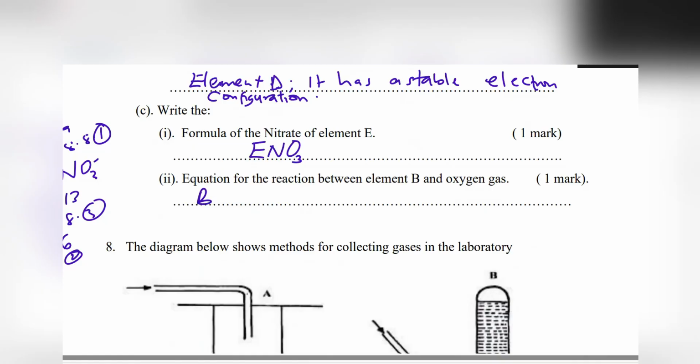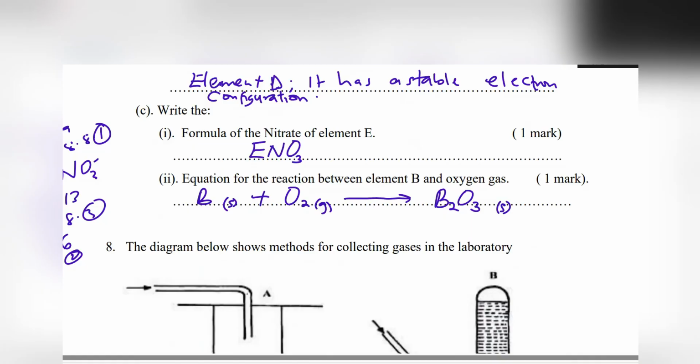So we are going to have B, being a metal, plus oxygen, which is a gas. Here we are going to have B oxide. The valency of oxygen is 2, it goes to B, and that of B is 3, it goes to oxygen. This is a metallic oxide, and metallic oxides are solids at room temperature.